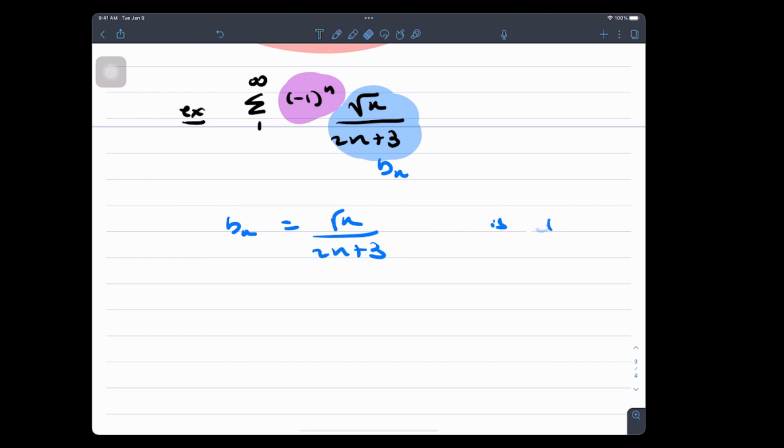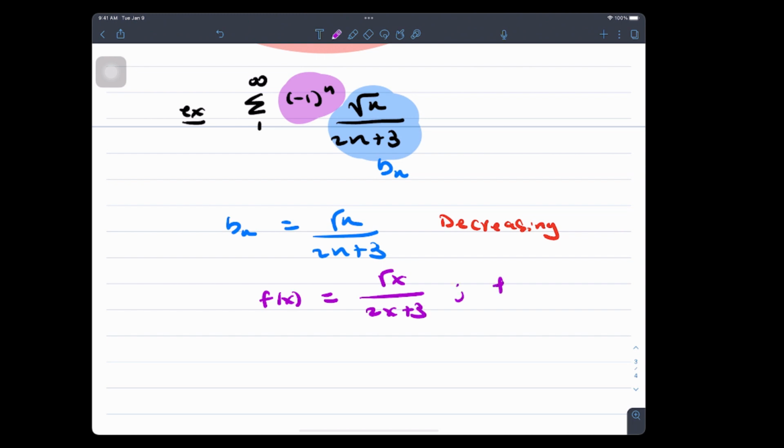Well, this sequence is decreasing. That's decreasing. Right?